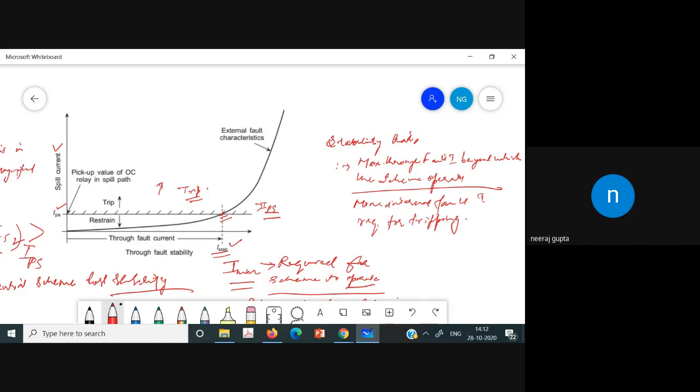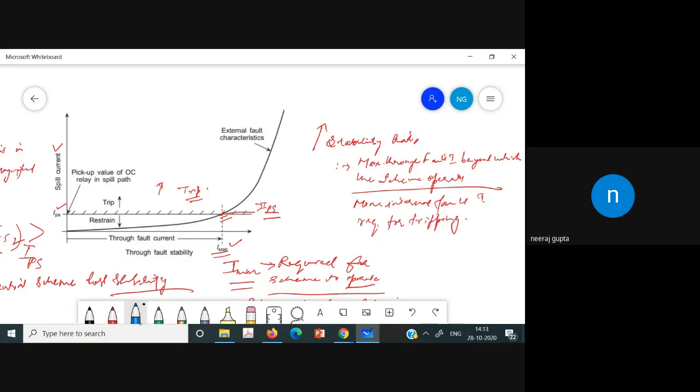If we have a higher value of stability ratio, it means that the maximum through fault current beyond which the scheme operates is higher, so this limit is higher. Then we can say the better is the ability of the system to discriminate.